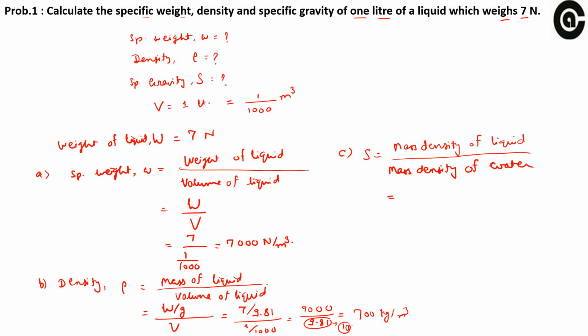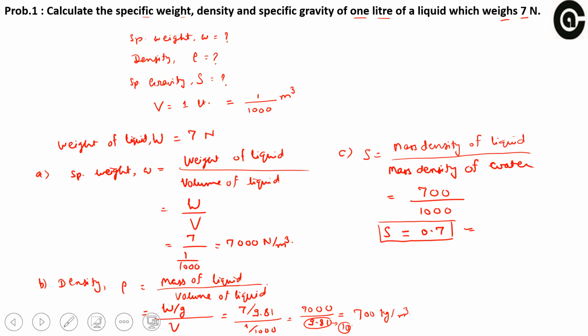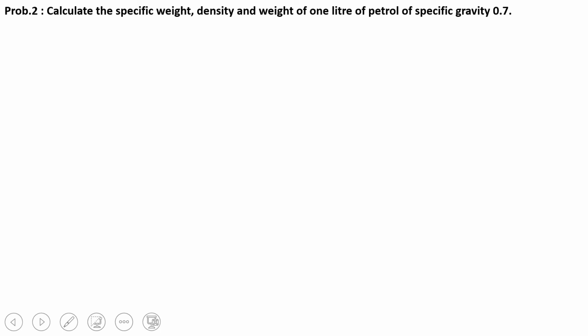So we have mass density of liquid as 700 and mass density of water is 1000, so this will be 0.7, and it is a unitless quantity.